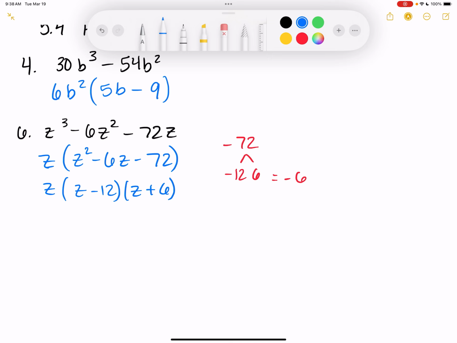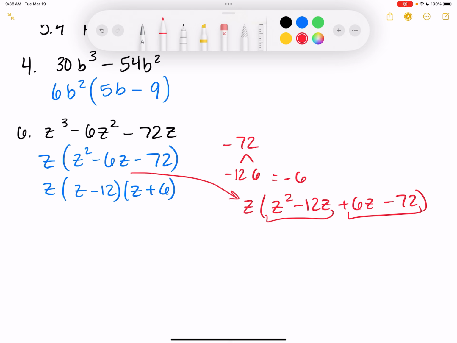Now, the other thing, if you need to have the intermediate steps, because I know with my mom, you would have done the intermediate steps for this. You would have had z squared minus 12z plus 6z minus 72, and then you would have taken out a z and left with z minus 12.